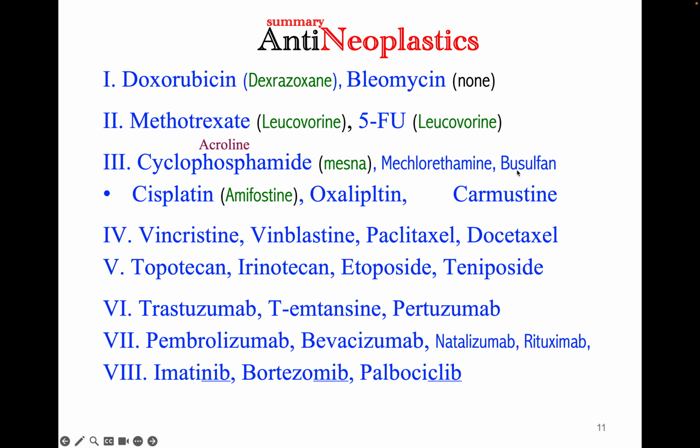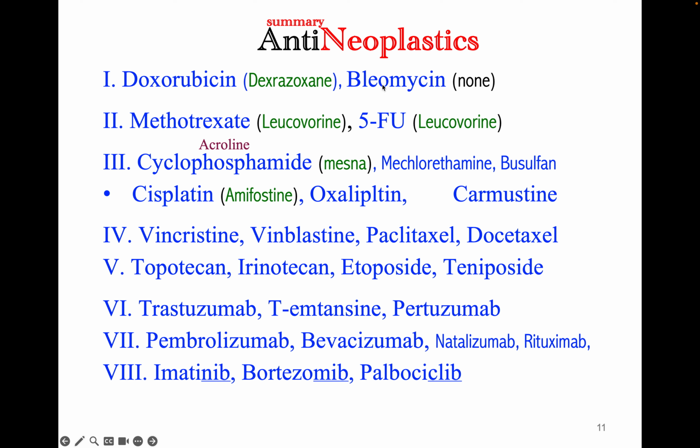Then the next drug is Busulfan. It is not used nowadays as a cancer drug, but we are using it for bone marrow transplantation. The reason is Busulfan causes 100% bone marrow suppression. Why I put this drug here is, this is a typical alkylating agent.